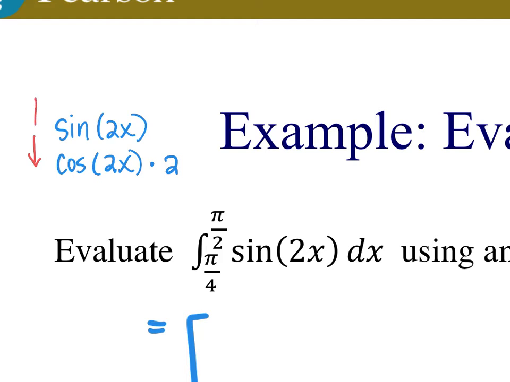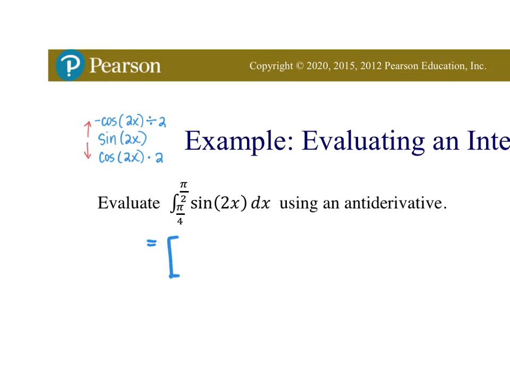So to do the antiderivative, the outside would be negative cosine, and I leave the inside alone, and then I divide by 2 because I'm doing the opposite when I'm going the antiderivative. So my antiderivative is negative cosine 2x divided by 2.